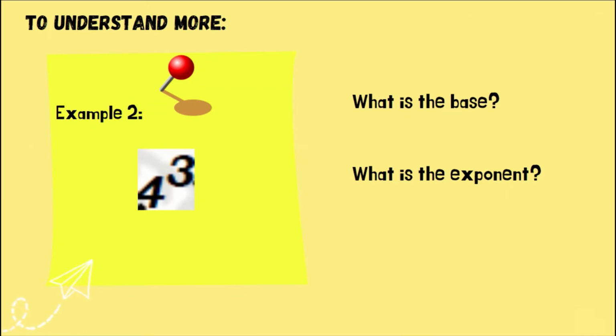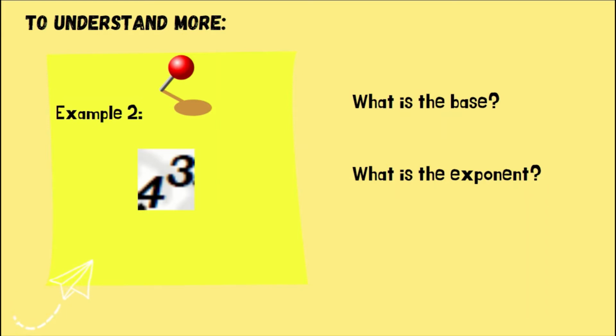Example number 2. 4 raised to 3, or 4 to the third power, or the other term for this example is 4 cubed. But we will be using 4 raised to the third power.